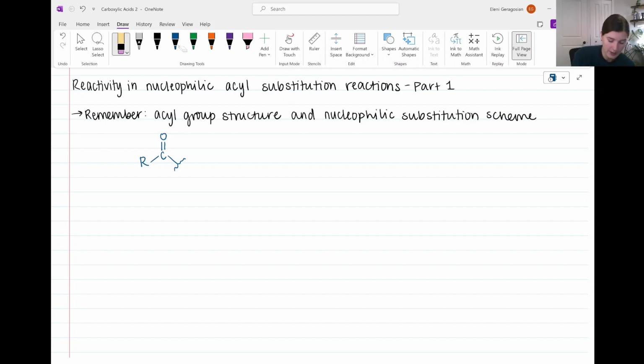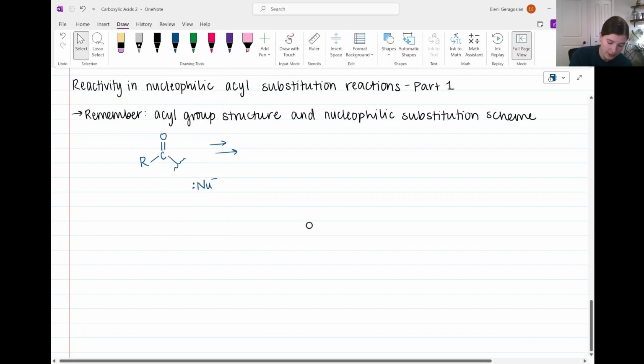And then when we have a general nucleophilic substitution reaction, we have some nucleophile. Of course, nucleophiles have electrons that can create a new bond. So we have some nucleophile that will add to the carbonyl carbon.